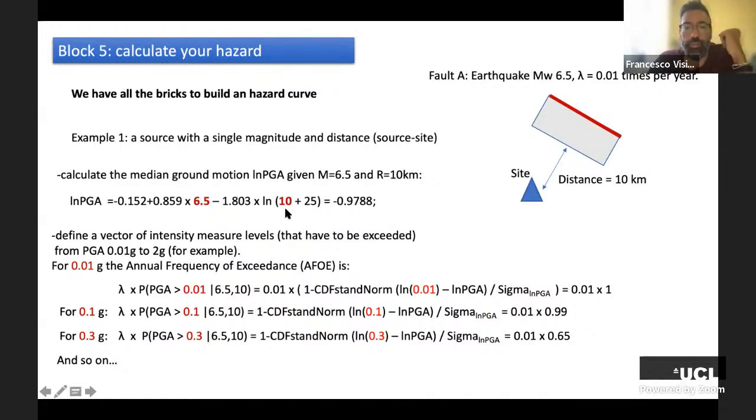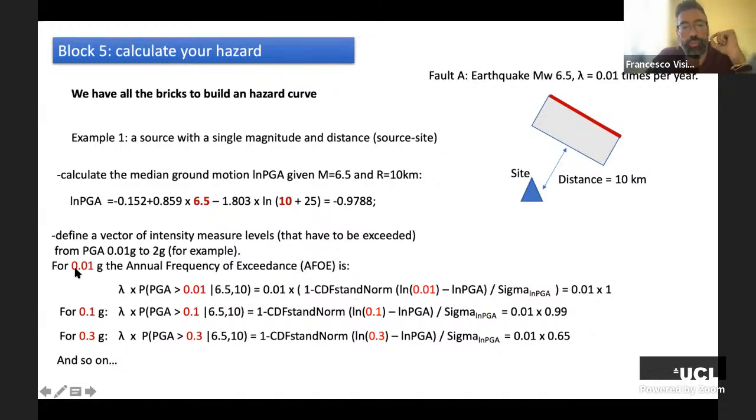Then we define a vector of intensity measures. We calculated before just the probability to exceed 1g, but we can calculate the probability of exceedance, for example, of 0.01 or 0.1 or 0.3g for the earthquakes with that magnitude at that distance, and multiply this probability of exceedance by the rate of occurrence of that earthquake, that is 0.01, this lambda value.